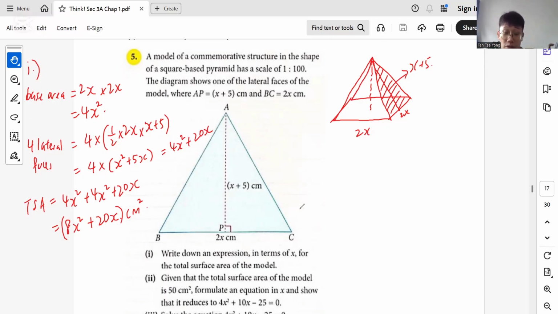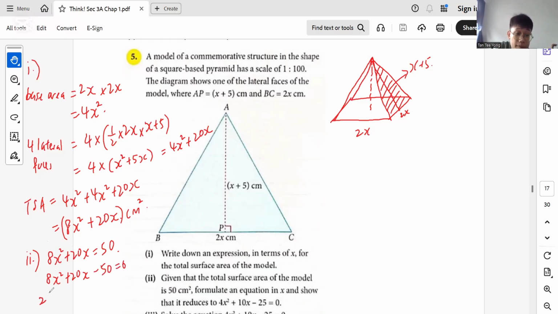Part 2: given that the total surface area of the model is 50 cm squared, formulate an equation and show that it becomes that. So just equate this to 50. For part 2, 8x squared plus 20x equals 50, so 8x squared plus 20x minus 50 equals 0.